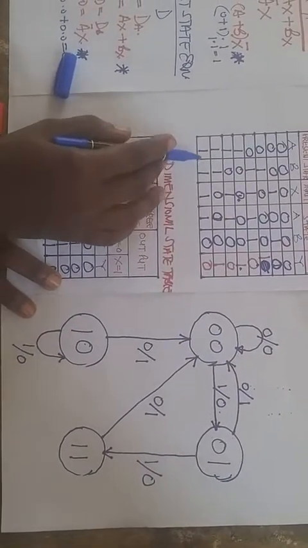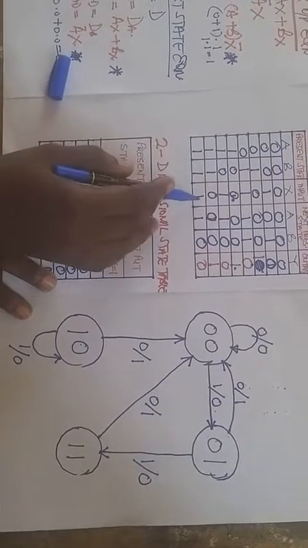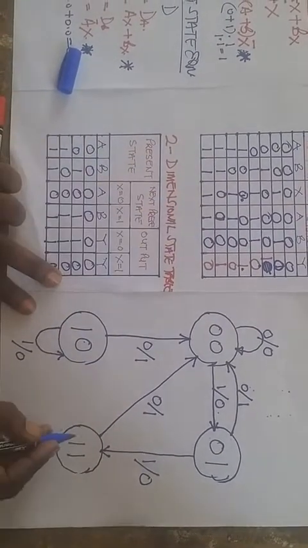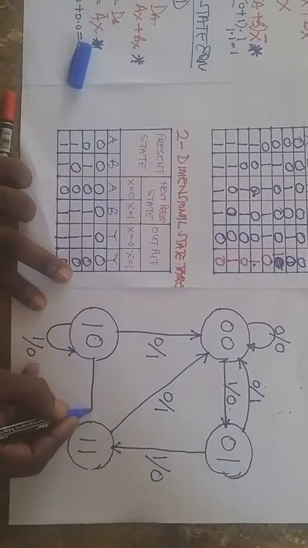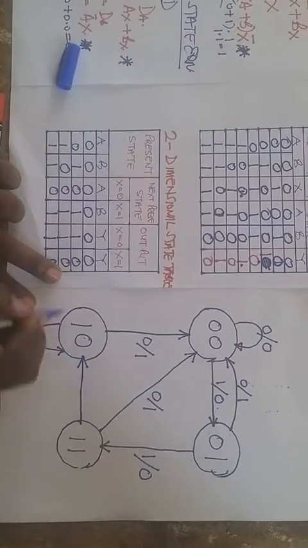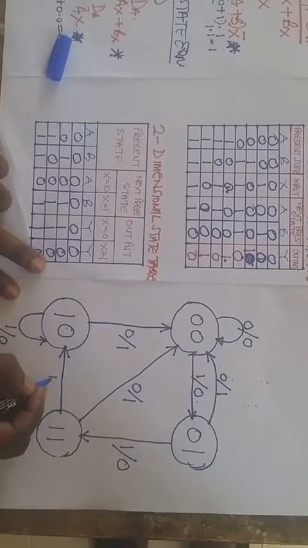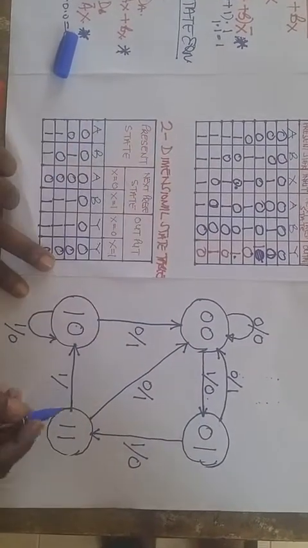At 11, when the input is 1, the transition is to 10. So the input is 1, and then the output is 0.